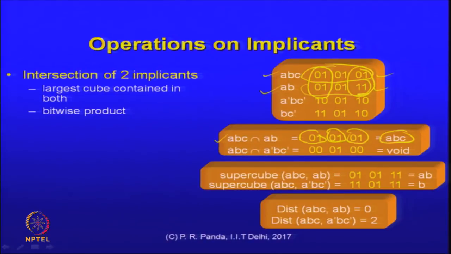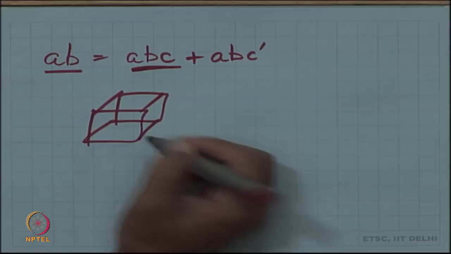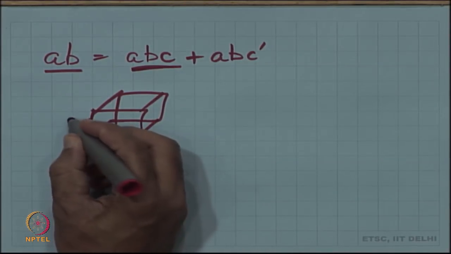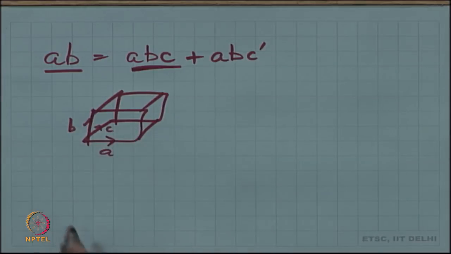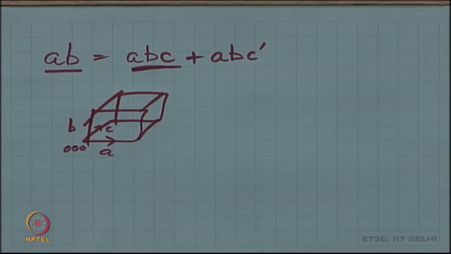What about this intersection? If I take ABC and intersect with A prime B C prime, what do I expect? Remember that the space is like this, it is 3 dimensional, and this is the A direction, that is the B direction, and this is the C direction, let us say this is 0 0 0.